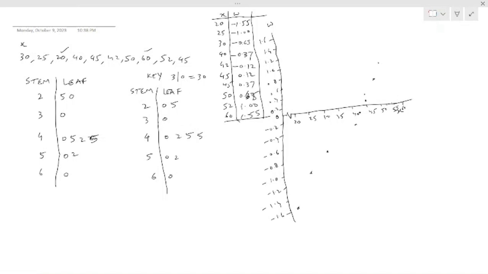Then across 60, this is the very last value at 1.55. So what we can observe easily, that this is approximately linear behavior. Approximately linear.